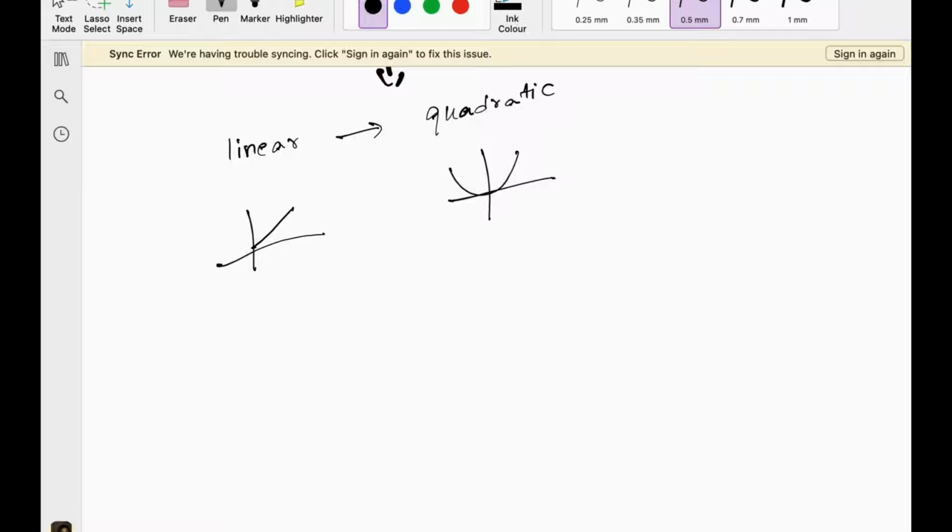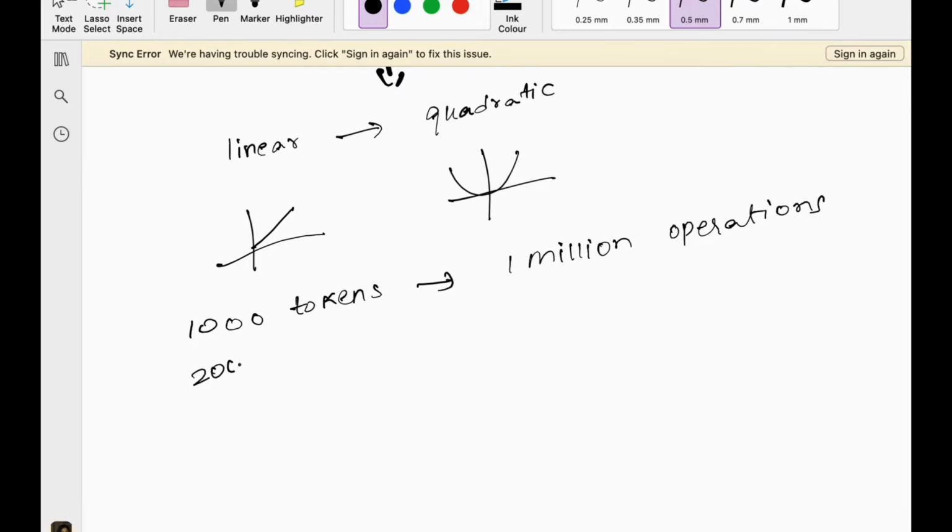So how do we understand it in terms of computational cost for tokens? Suppose you have 1,000 tokens, then it is taking 1 million operations, and for 2,000, it is taking around 4 million, and for 10,000 tokens, now you can guess the number, which is around 100 million operations.